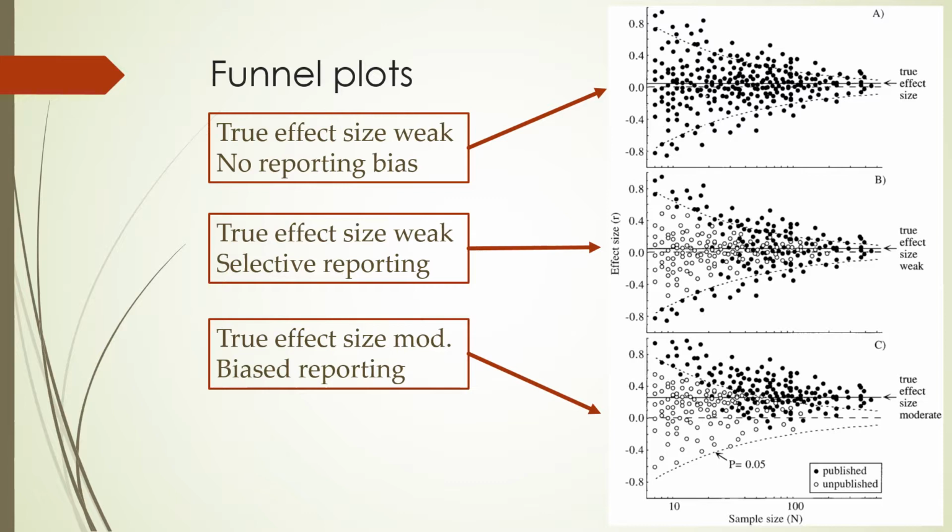Gosh, I did a kind of small study, but I actually found significance in the opposite direction. Geez, I'm going to get really criticized or jumped on for that, so I'm just not going to put it out there. So this is the kind of bias that you're looking for when you do a funnel plot.